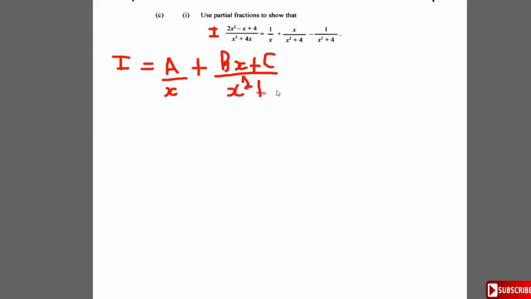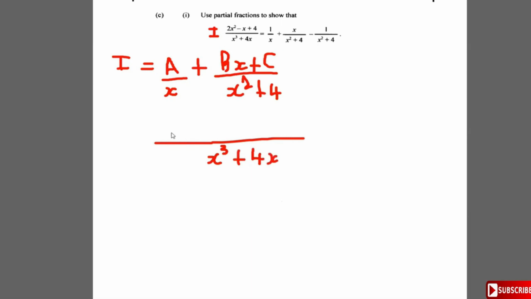So we're going to find the LCM between these two. The LCM is going to be x cubed plus 4x. That's the LCM. And then x into this leaves x squared plus 4.